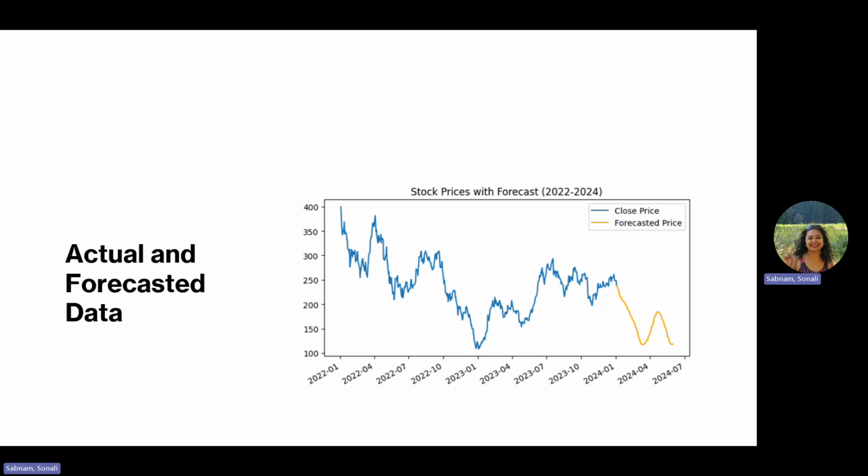Actual and forecasted data. This slide shows the forecasted data produced by the redesigned neural network. The graph shows the model's ability to predict trends and fluctuations within the dataset. The x-axis represents the sequence or the time steps, while the y-axis indicates the predicted values.